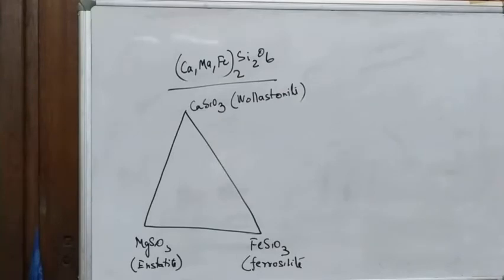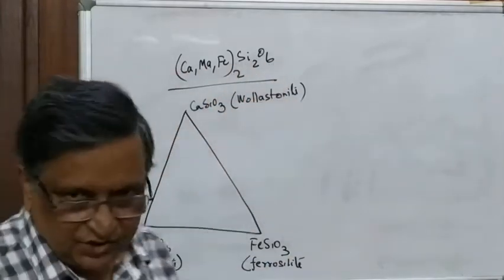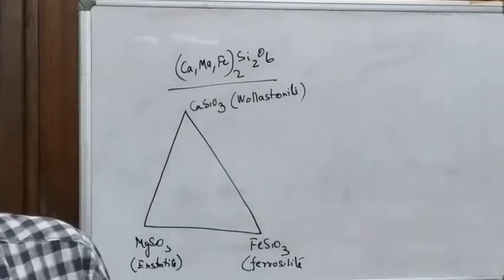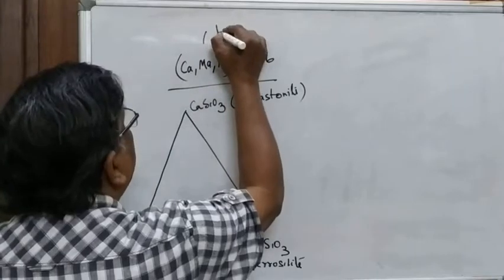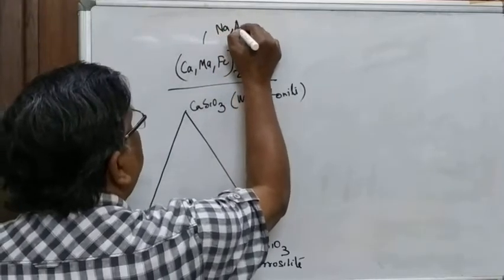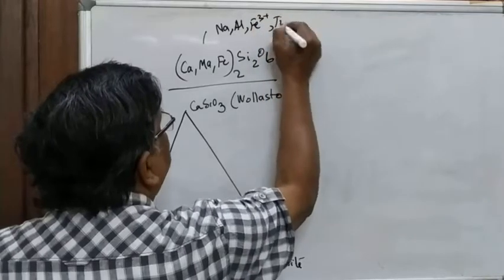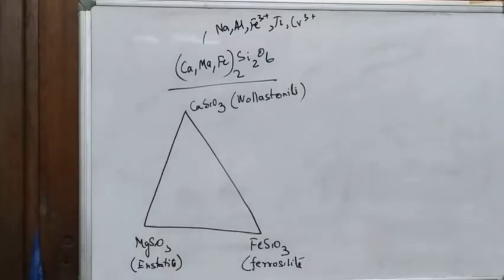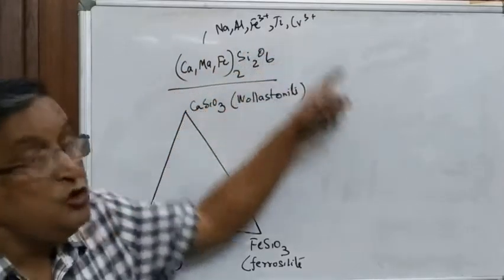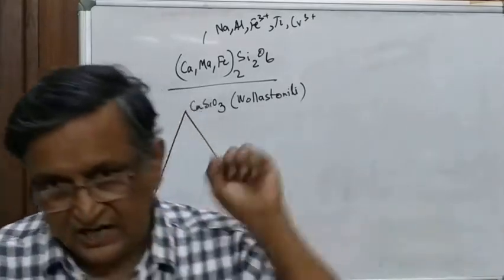In this triangular diagram, all pyroxenes form which do not contain sodium, aluminium, ferric iron, titanium, chromium and a host of other elements. These therefore are called non-quadrilateral components.